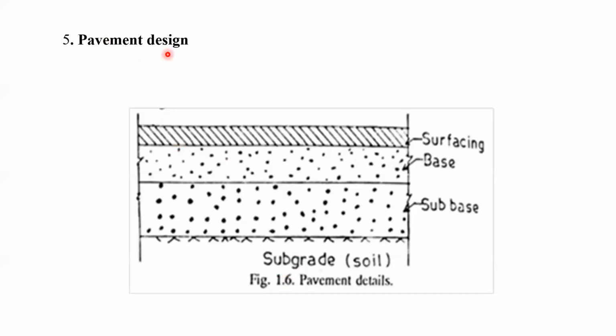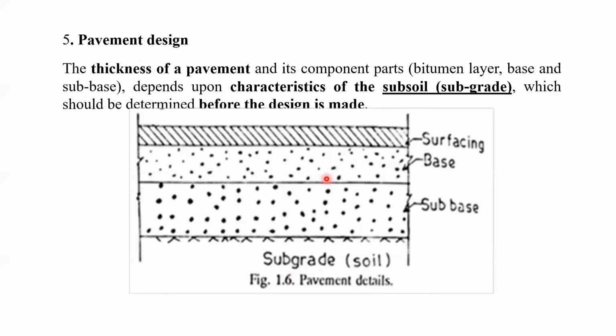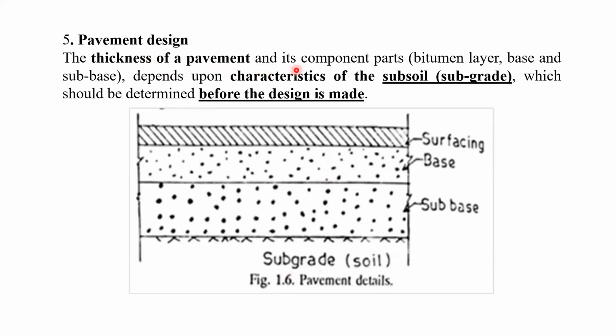This is also a civil engineering structure: pavement design, construction of highways. So the thickness of the pavement and its components. Component means first the subgrade materials. If the quality of soil is not good, we can change the soil, and we have to compact it.